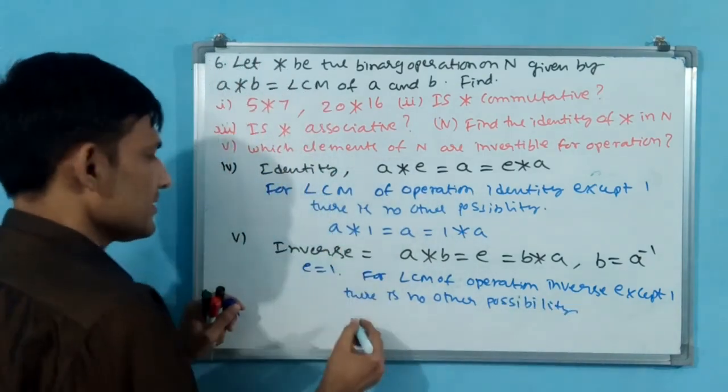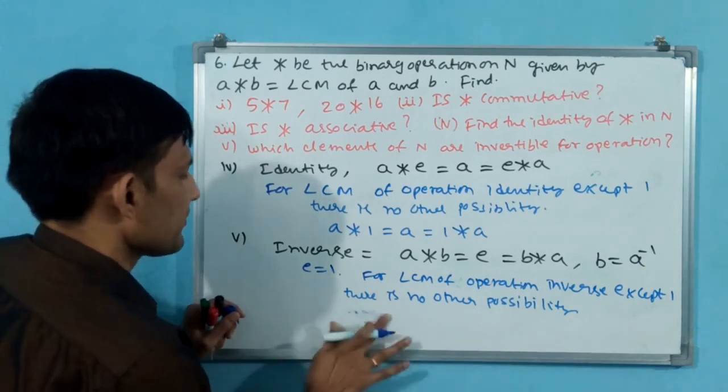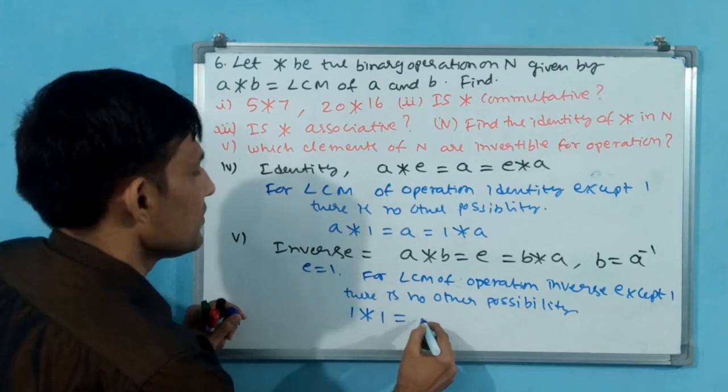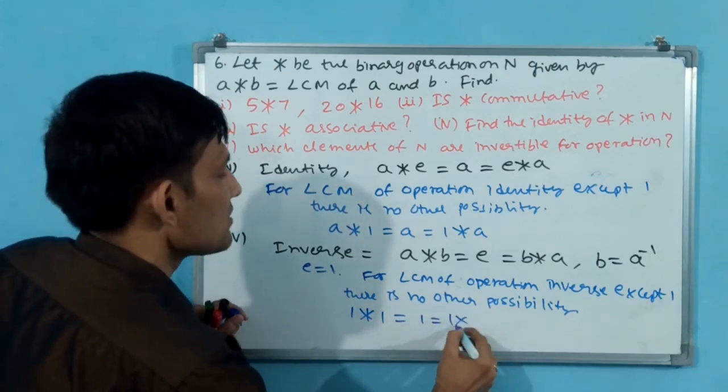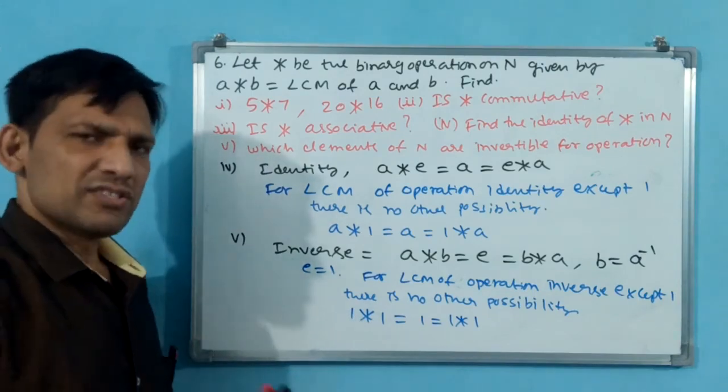Like that you write like this also. You could write 1 star 1 is equal to 1, that is equal to 1 star 1. That's all. This is your answer for the 6th question.